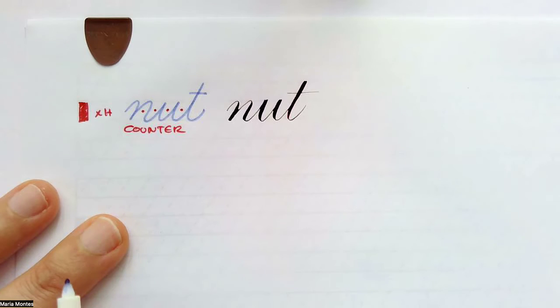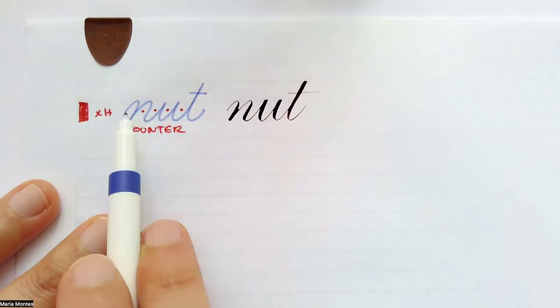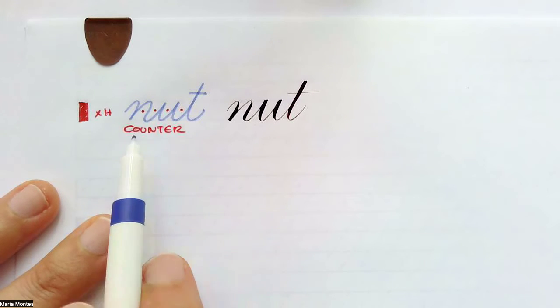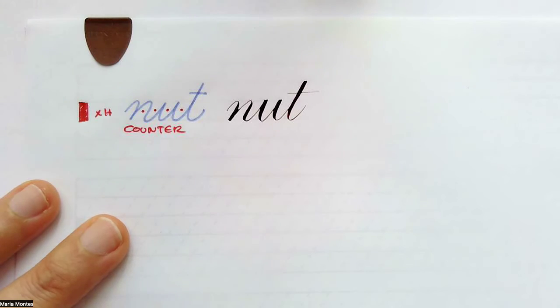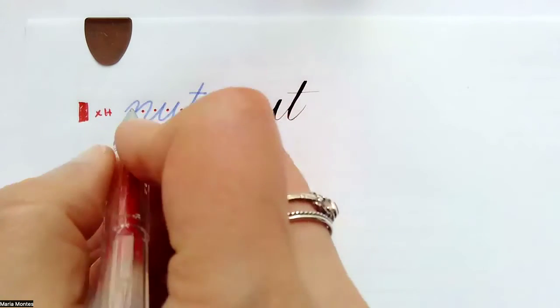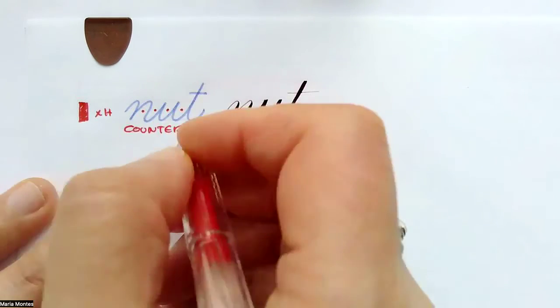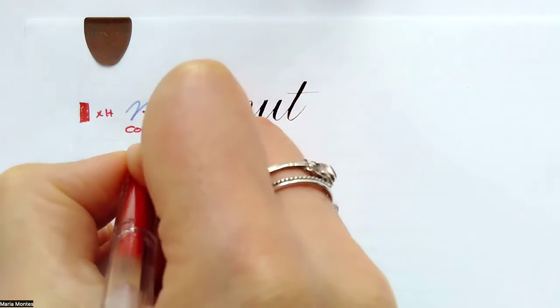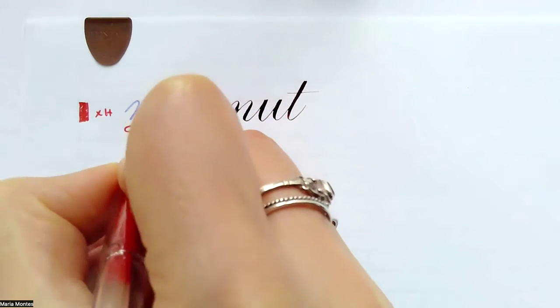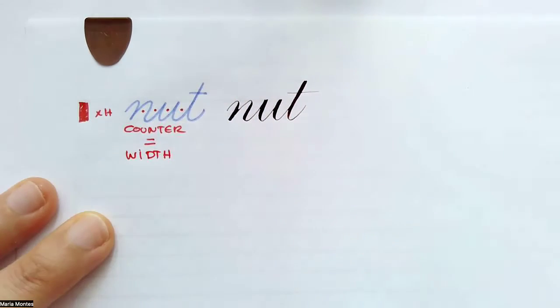Now, the difference between the word on the left and the word on the right is obviously the contrast. The second difference is that we don't have the same concept as before. In the monoline case, the counter space equals the width of the letterform.